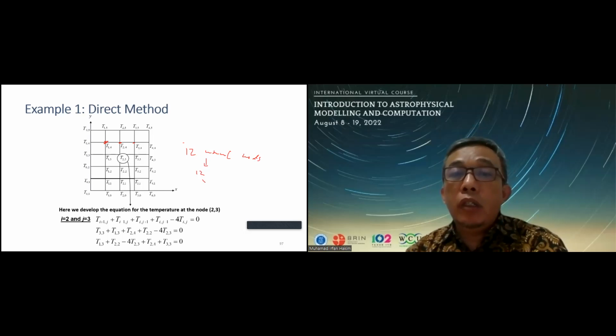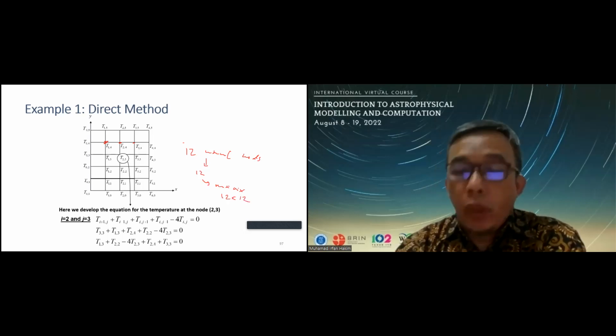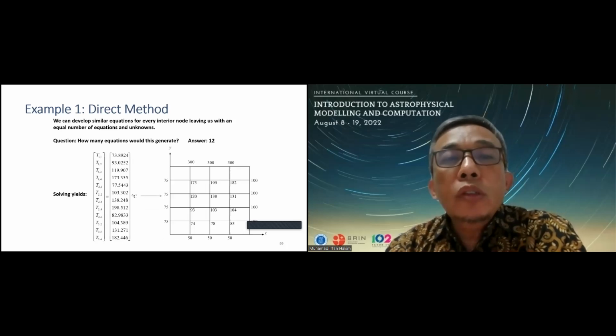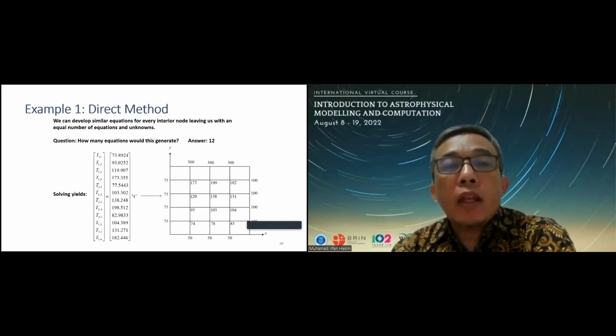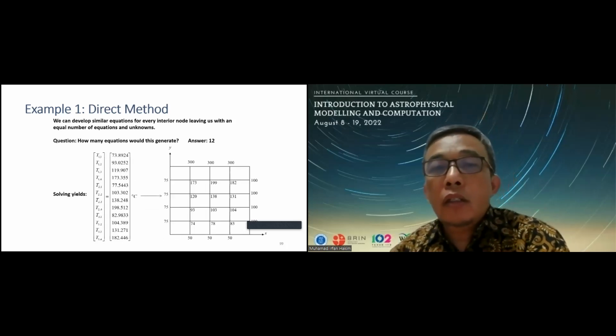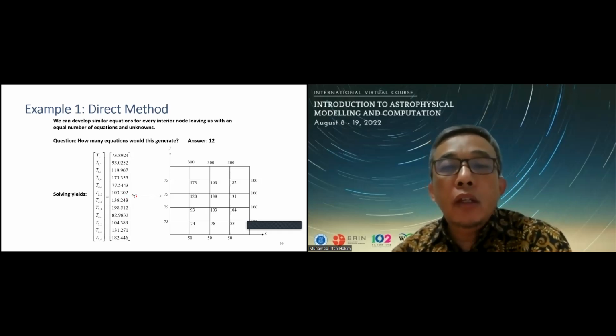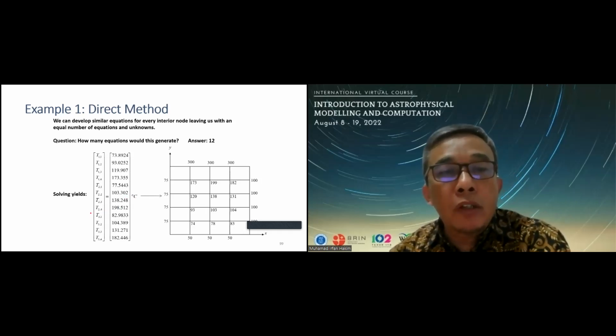We have to solve a matrix with size 12 by 12. This is what I mentioned before.